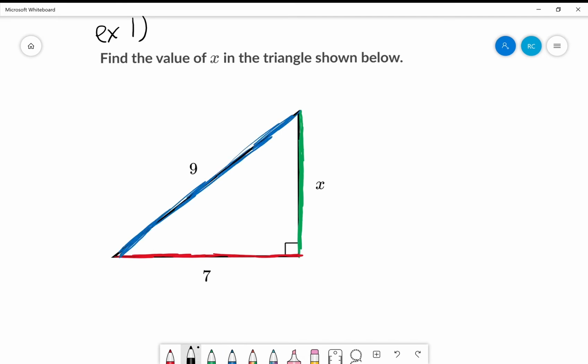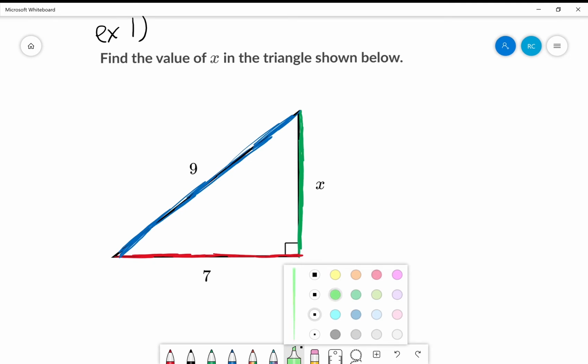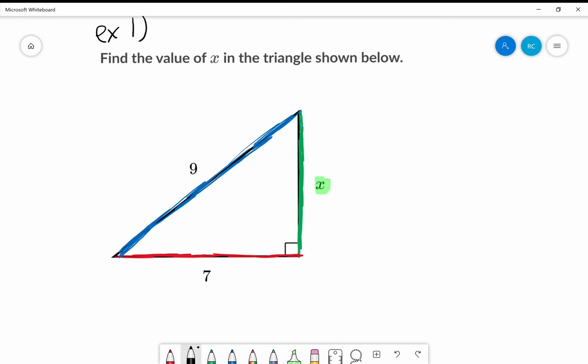Okay? So, A squared, well, A is x. So A squared would be x squared plus, well, B is 7.